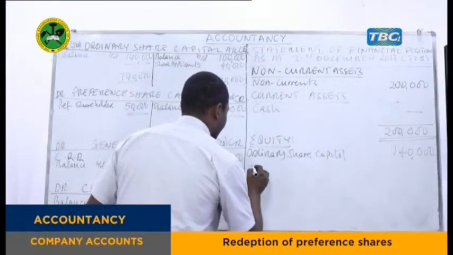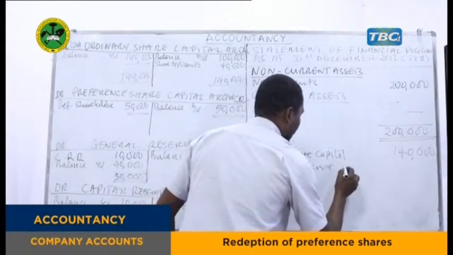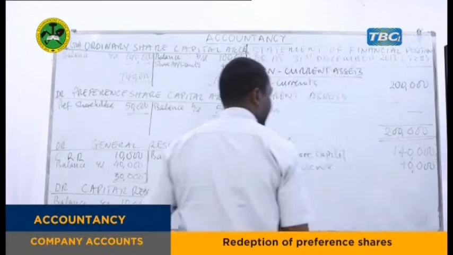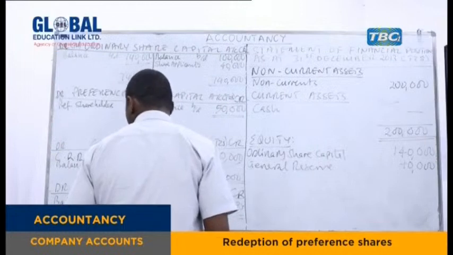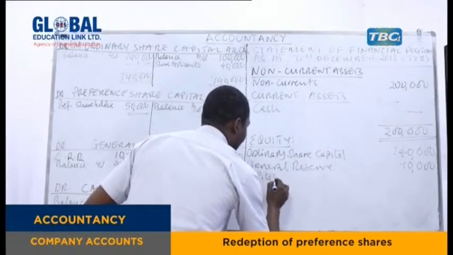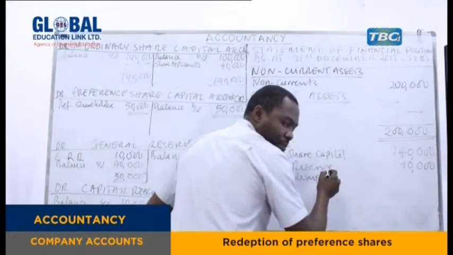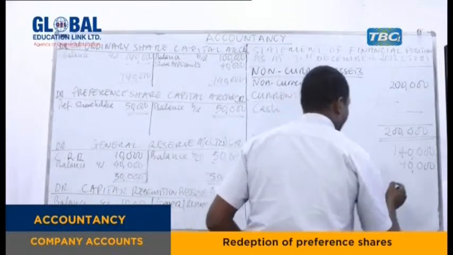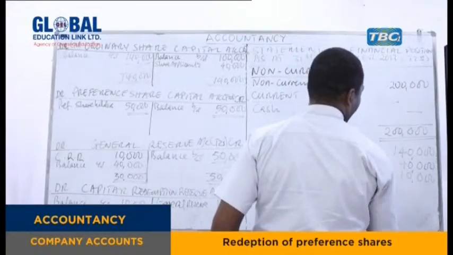We have general reserve, that is 40. And again, we have capital redemption reserve, 10,000.